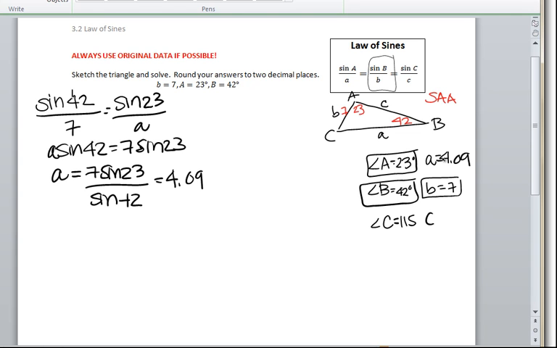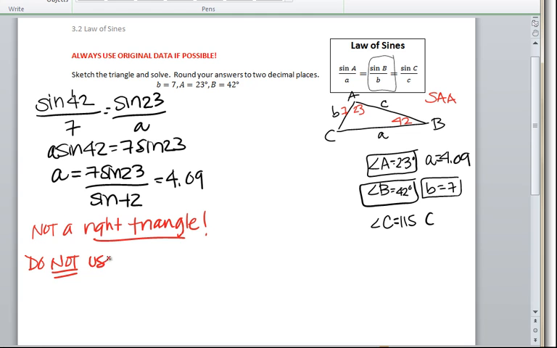Okay. Now, notice that this is not a right triangle, right? There's nothing in the instructions that say that this is right. This is not a right triangle, so that means do not use the Pythagorean theorem. The Pythagorean theorem only works for right triangles. So that means that we need to use the law of sines again to find side C. Okay, so again, we have to start with what we know, right?